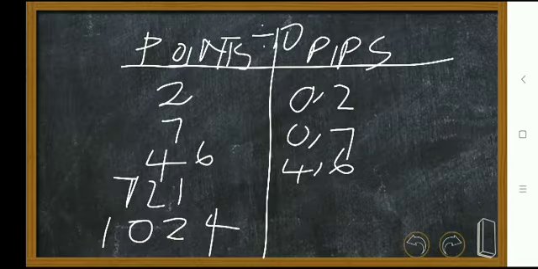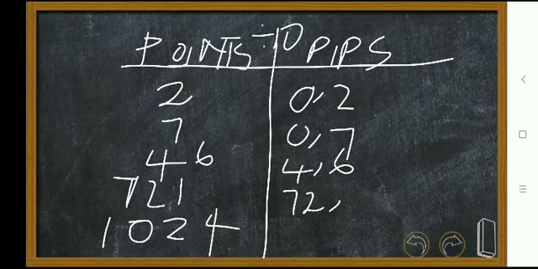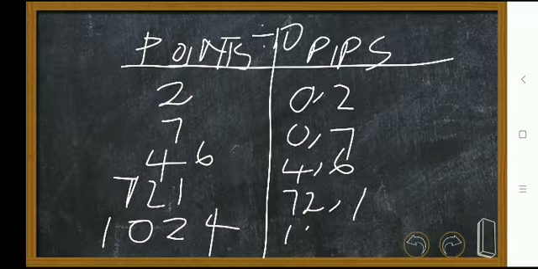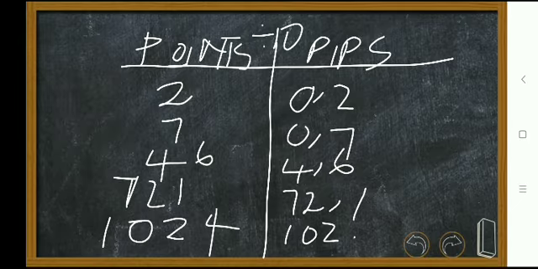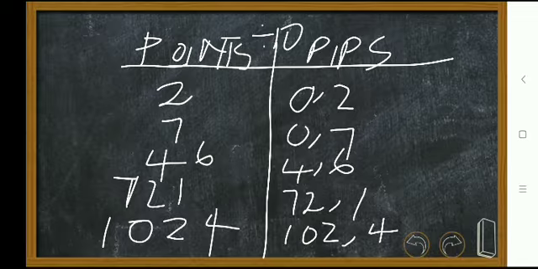Then 721 is 72.1. Then 1024 is 102.4. So I hope you get the whole thing. So that's pips and points, or that's pips and pipettes.